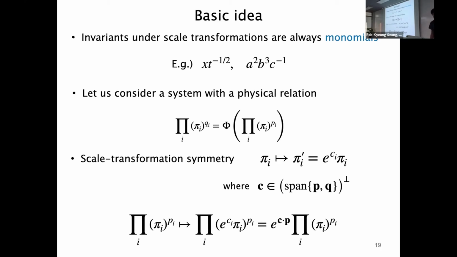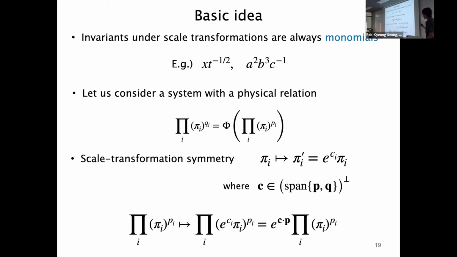And then for concreteness, let us consider a system with the following physical relation. Now the pi_i's are already dimensionless parameters, and a certain product of pi's is given by a function of another product of the dimensionless variables.